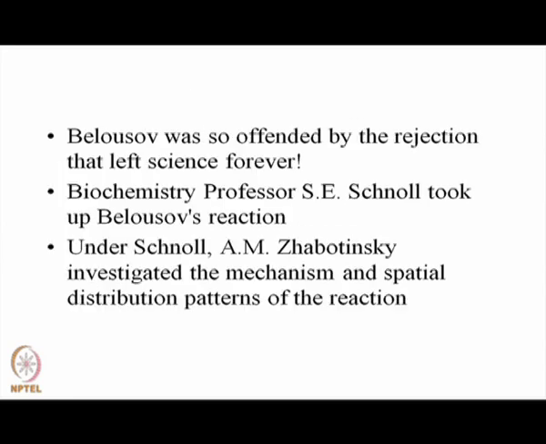Belousov was so offended by such a rejection. He was quite sure that this was a real observation and there was nothing wrong in it. So he was so frustrated by this rejection that he left science forever.